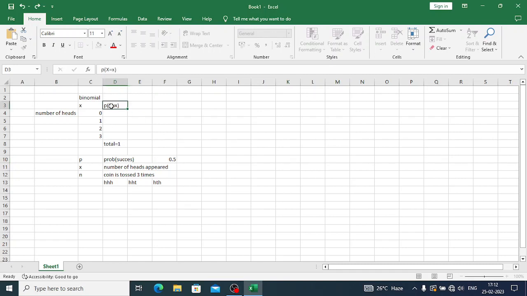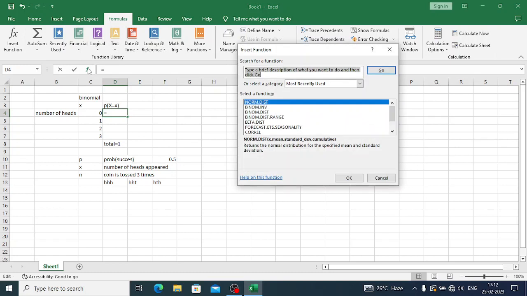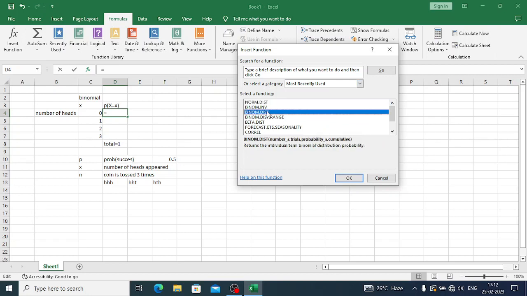Now, for the binomial distribution, you have to write down all those probabilities. To find the probabilities, we are going to use the formula. Again, you can go from the formula ribbon as well as from the f function. Then go to Statistical and then Binomial Distribution.